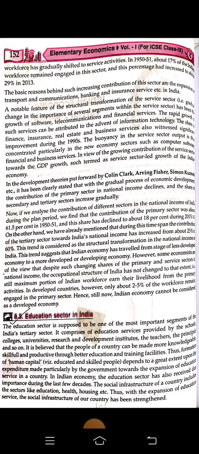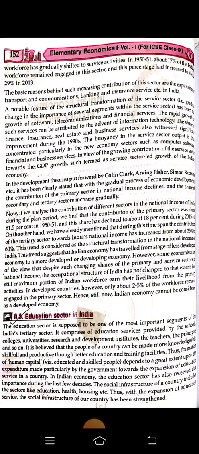It is believed that the people of a country can be made more knowledgeable, skillful, and productive through better education and training facilities. Thus, formation of human capital, that is through education and skilled people.